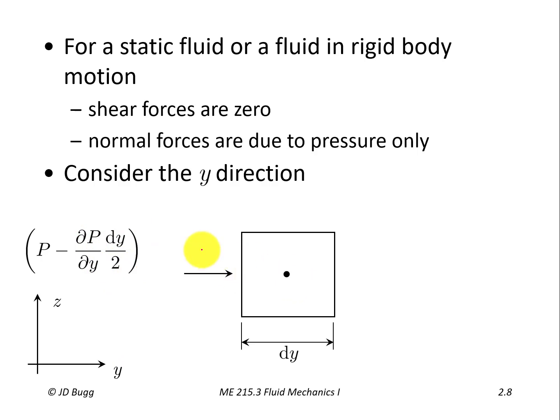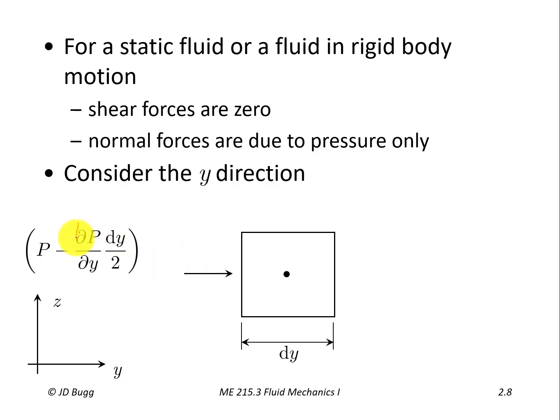So the pressure change, this product here, the product of those two things, the rate at which the pressure is changing multiplied by the distance we move, that's a delta P. So we can call that delta P, the change in pressure as we move from here to here. Now, because we're moving in the negative y direction, we need a negative sign here in order to get the proper pressure on this face. So let's just see if this makes sense. Let's just say that the pressure gradient at this particular location in the fluid is positive.